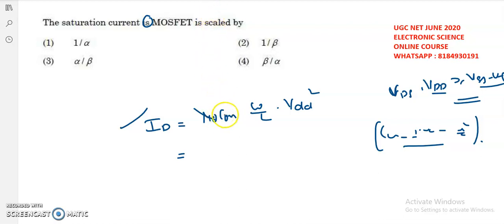And coming to the COX, as I told, COX is nothing but the oxide capacitance per unit area, that is epsilon divided by D into W by L into VDD square.